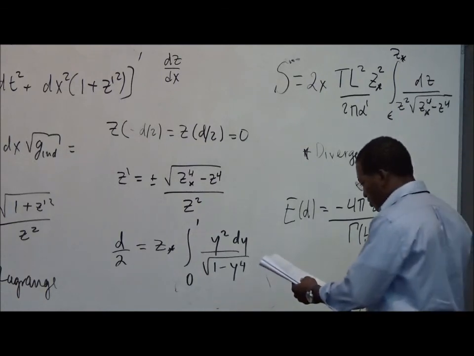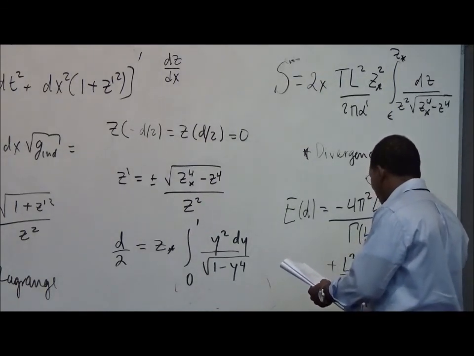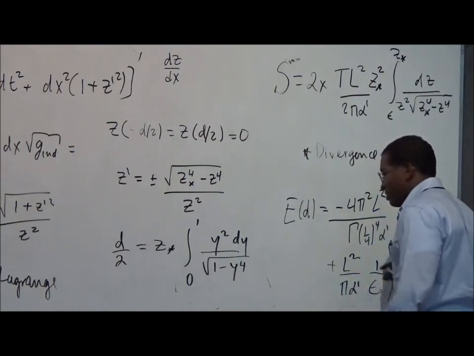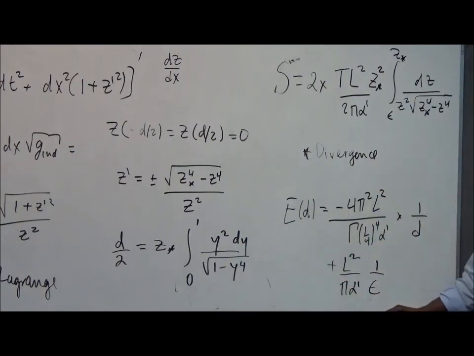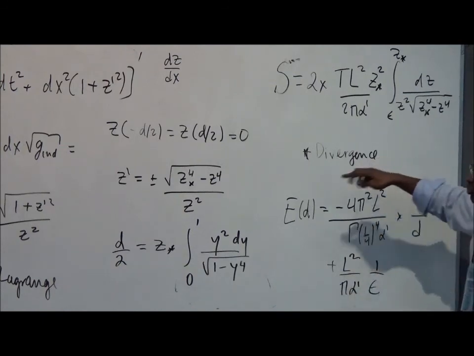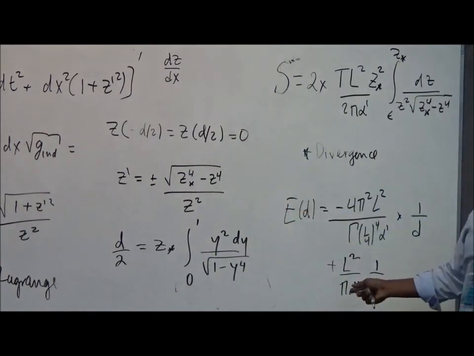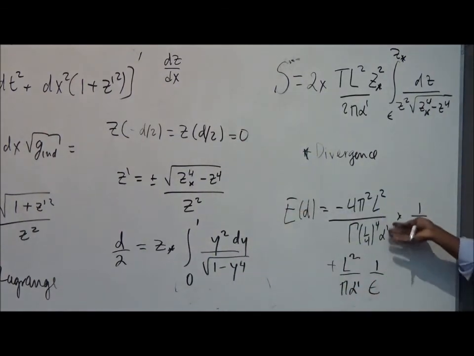Now what I wanted to mention is that there is another piece, L squared over pi alpha prime, times 1 over epsilon. That is the divergent piece. Now, in this particular calculation, with two more minutes of algebra, I can convince you that this corresponds to the masses of these quarks, some static mass, and that of course I should not count as a quark-antiquark interaction energy.